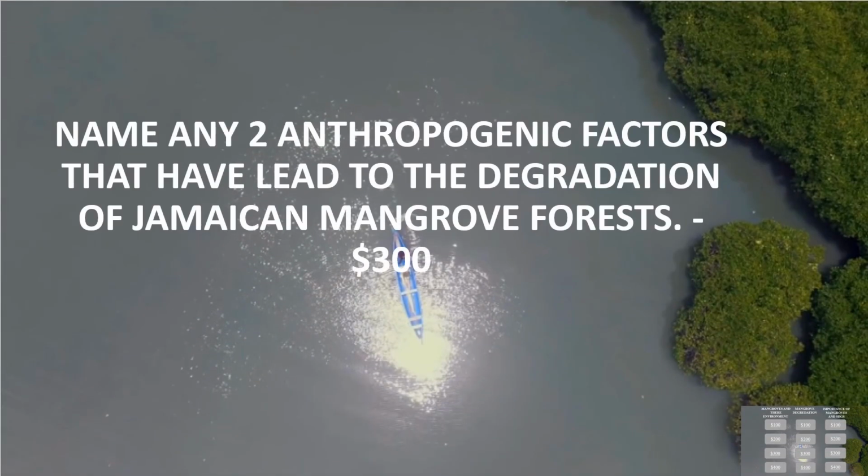Name any two anthropogenic factors that have led to the degradation of Jamaican mangrove forests. Please note that any two out of these four is accepted. Charcoal harvesting, overfishing, tourism development industry, and agriculture.